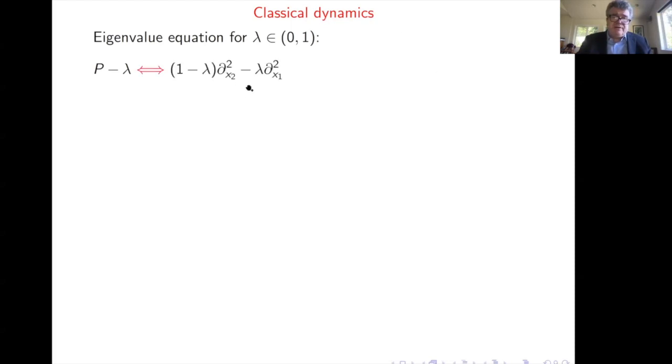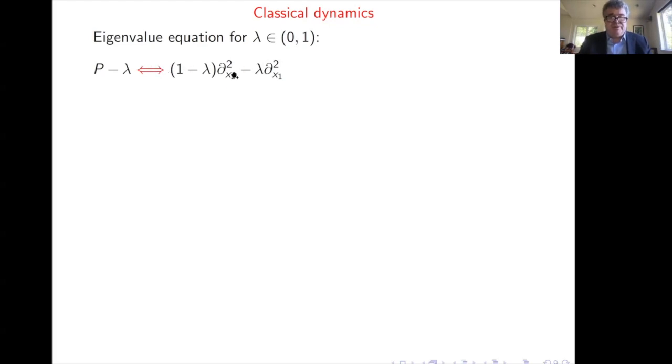So sorry, I somehow lost my place. Oh yes, so there is a natural classical dynamics associated to this problem, which is this. We could look at the eigenvalue equation for the spectral parameter lambda, and that of course is essentially, if I divide by the Laplacian, this equation here.